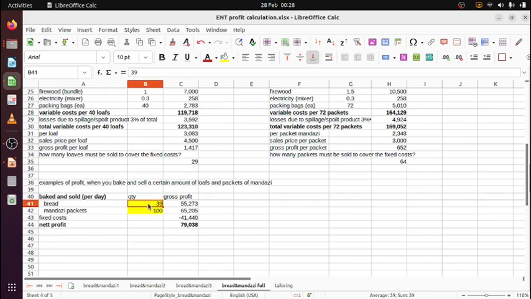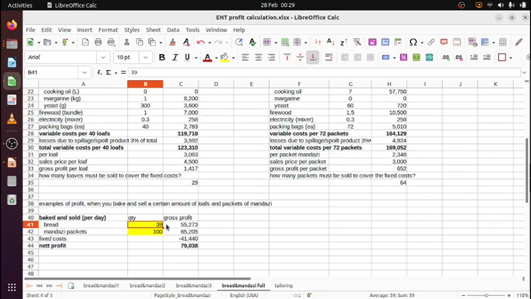Okay, for the bread, your gross profit is then 39 multiplied by the gross profit per loaf, C33, multiplied by B41, which gives you this figure.